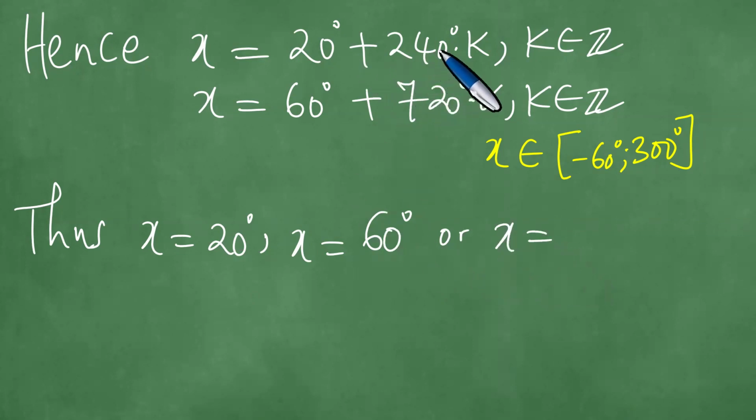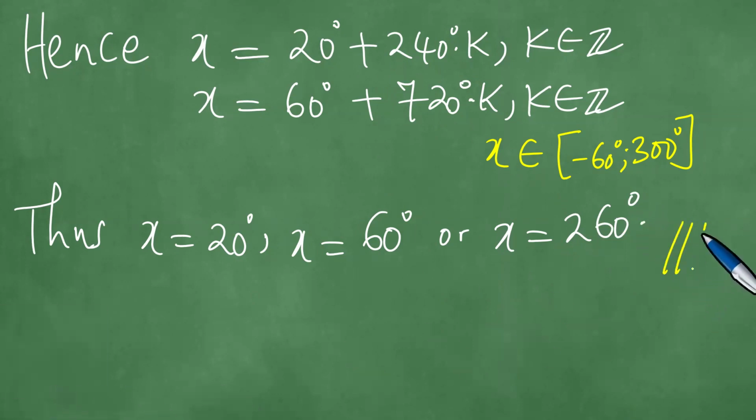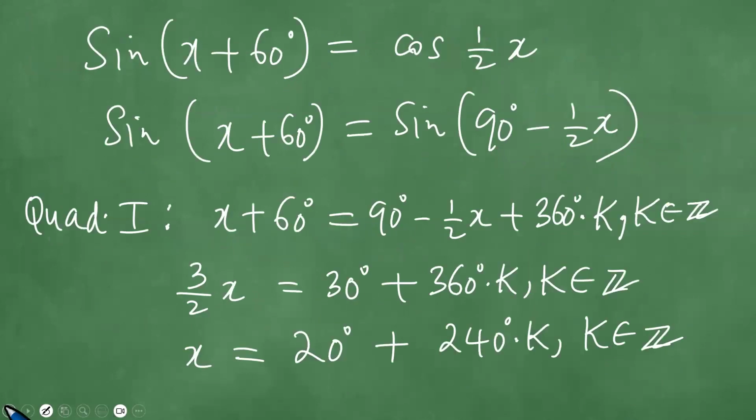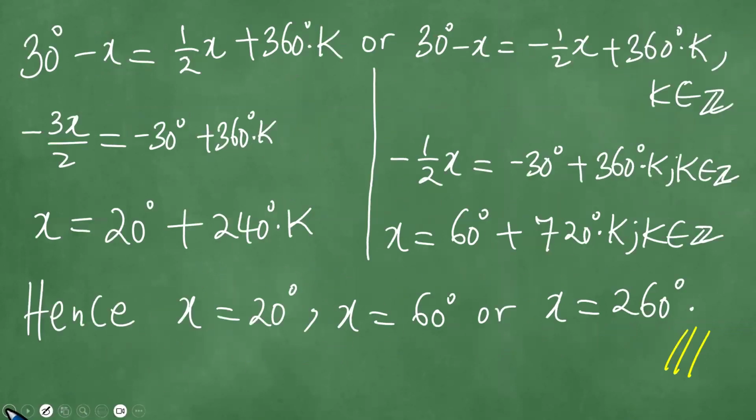So here, k is 1, it's going to be exactly 260 degrees. And therefore, that presents another solution, but it is the same as the previous solution. Now, here we went on to use method 2 to solve the problem.